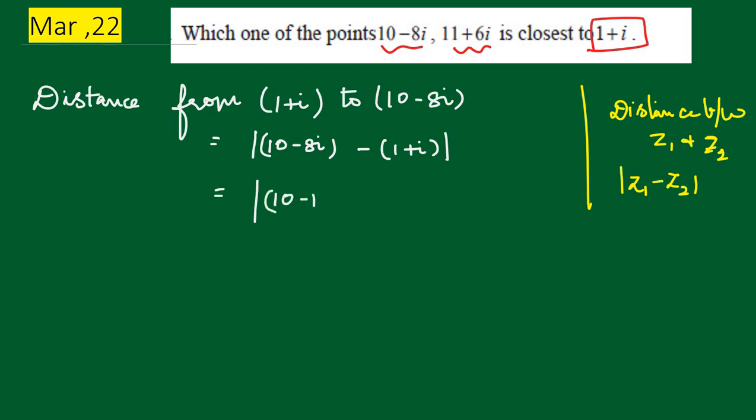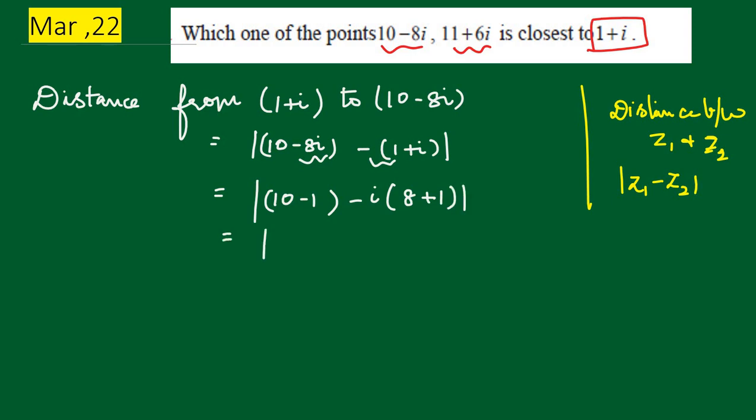10 minus 1 minus i times (8 minus 1), or we can take the minus sign out, so it can be written as 8 plus 1.